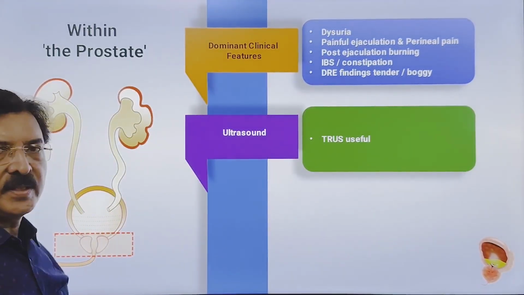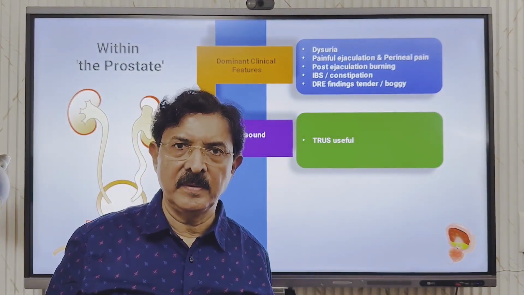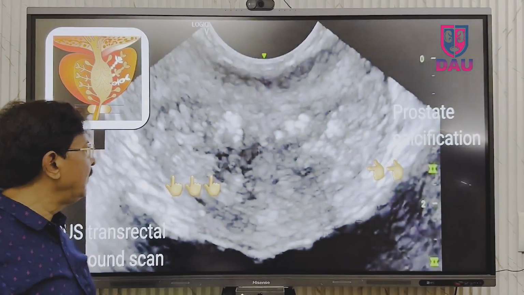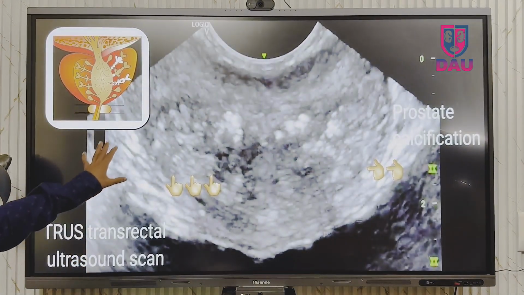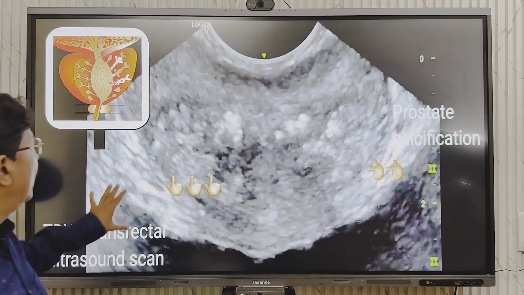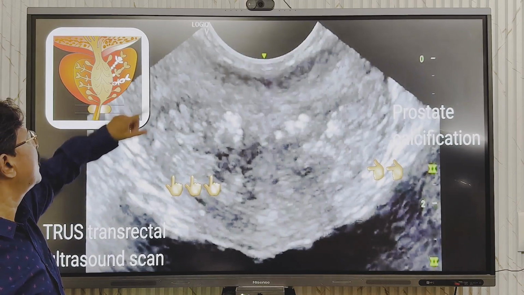On ultrasound examination, I would say TRUS is hugely helpful in this scenario, which you can do in your clinic. Sometimes you will see change in the prostatic echo, even prostate calcification, and you will discover these ducts harboring stones inside.